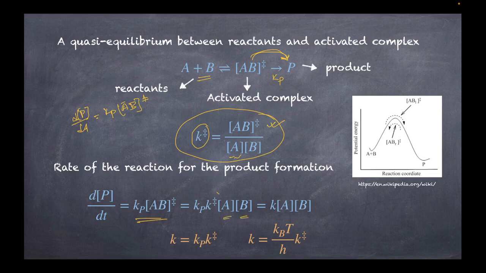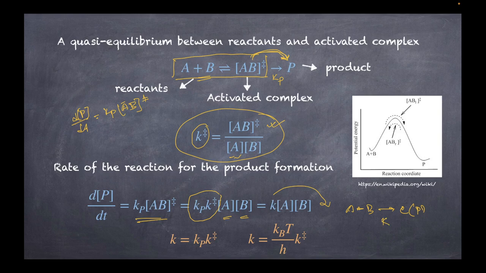Now we can combine these two constants, where Kp is the rate constant for this step and K double dagger is the equilibrium constant for this step. Let's say it is K. So K is the overall rate constant for the reaction A plus B to C or P. So K is Kp times K double dagger.